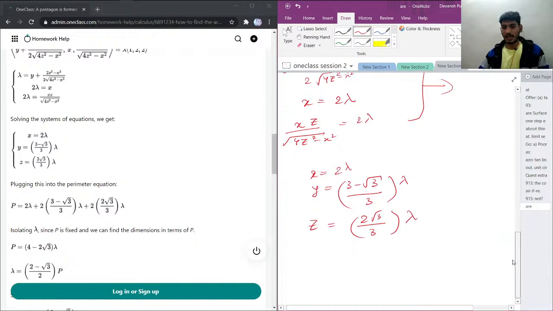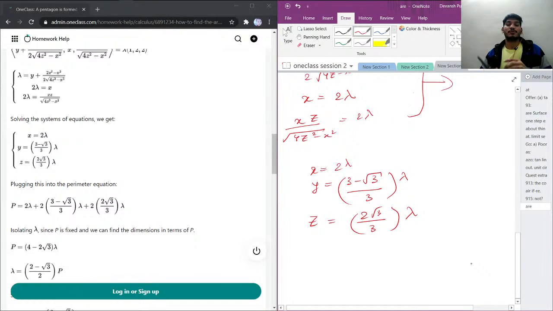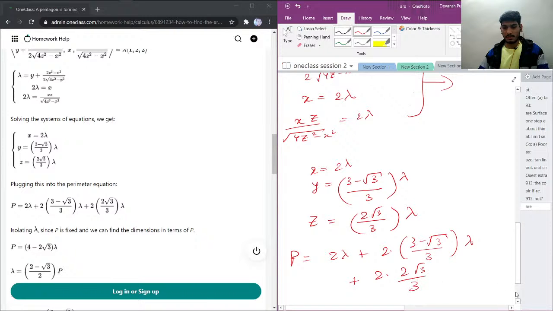Now we are going to substitute the values of x, y, z back into the perimeter equation. So that was x plus 2 times y, plus 2 times z.